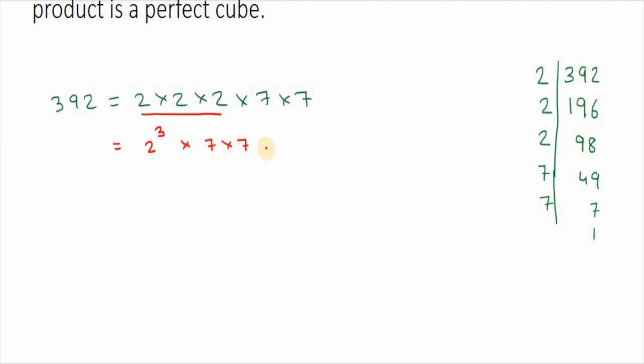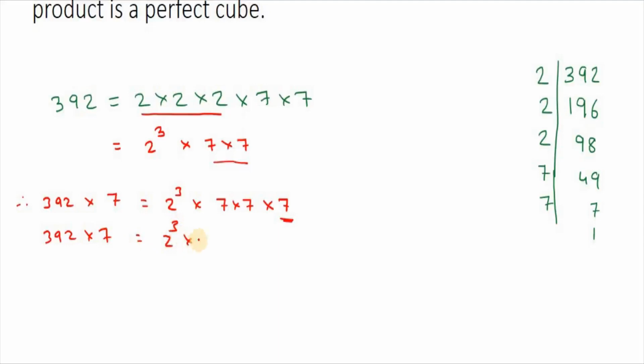We have only 2 sevens, and 1 seven is remaining. So 392 multiplied by something is equal to 2 cubed into 7 into 7. If I multiply by 1 more 7, I get 7 cubed. So I will multiply by 7 on both sides.